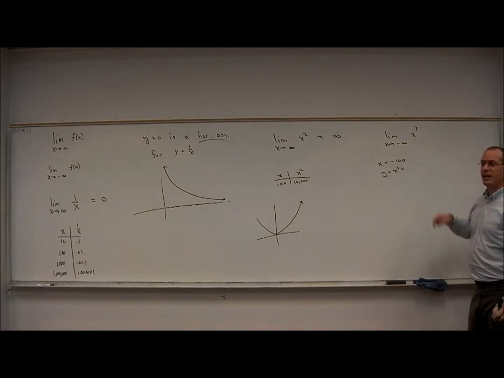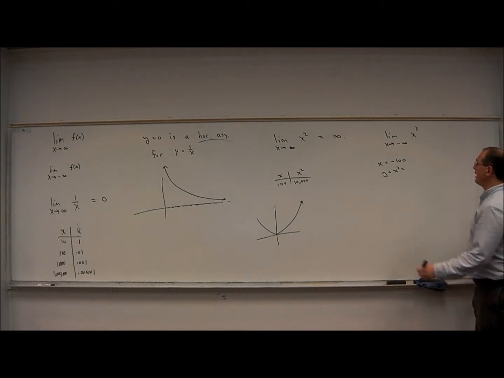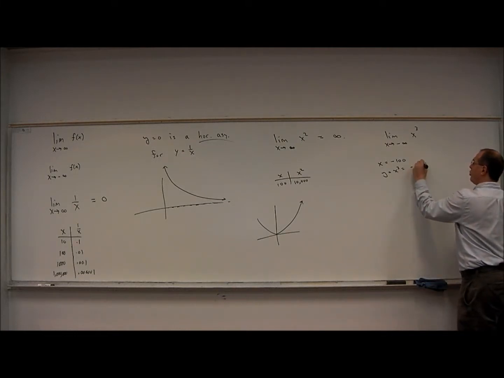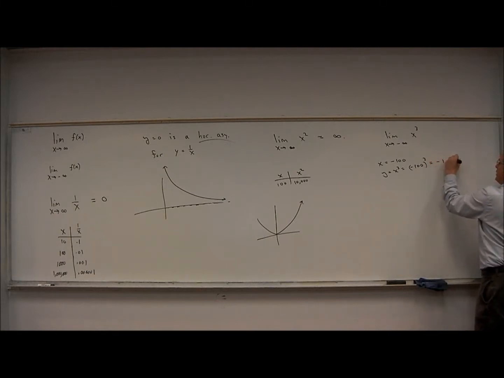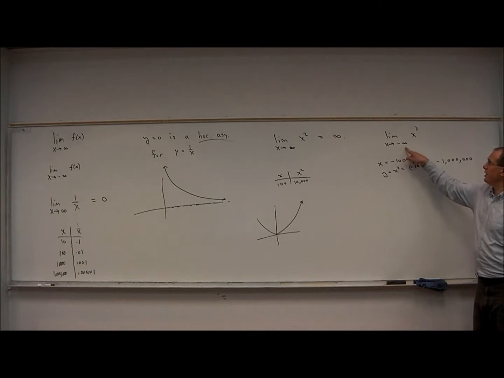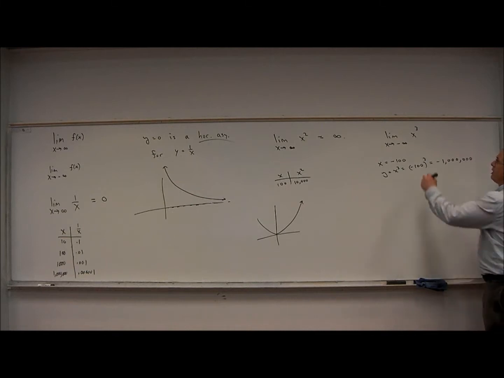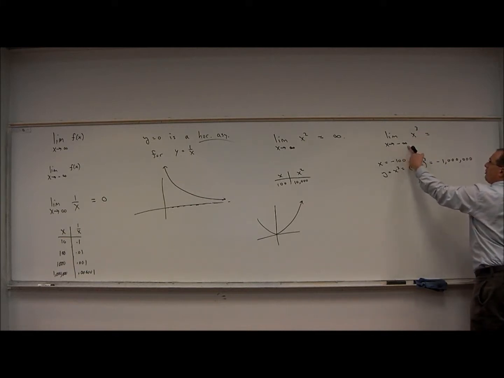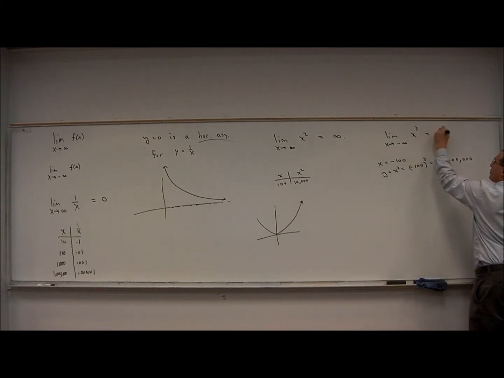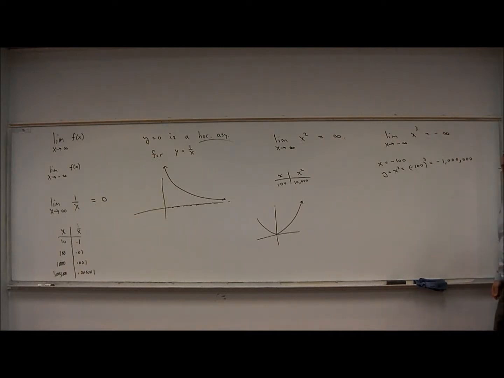When you cube a negative, you get a negative, so it would be negative 100 cubed, and that would end up being negative 1,000,000. So when x is negative, x cubed will be negative, and as the x grows, the x cubed will grow. So as x goes to minus infinity, x cubed will also go to minus infinity.